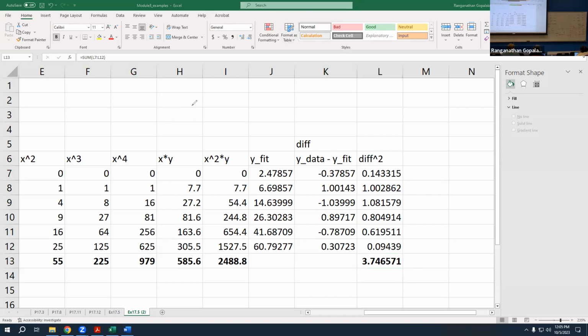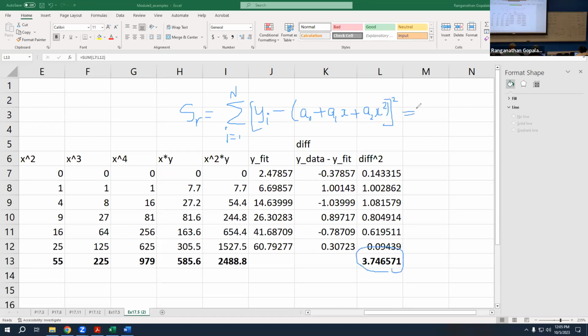So if I want to write SR equal to summation i equal to 1 to n, yi minus a0 plus a1 x plus a2 x squared, and this whole squared, that SR is this number.